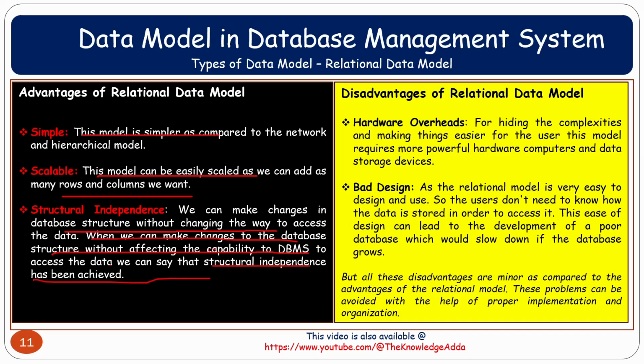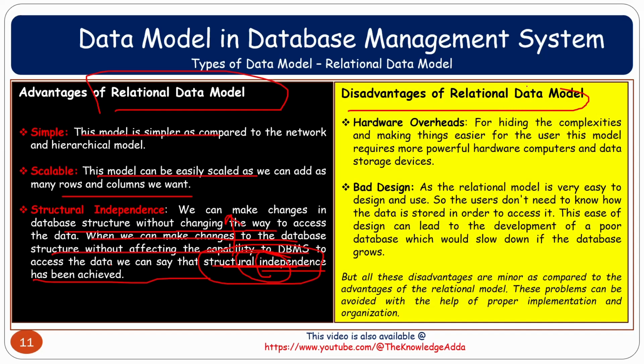In the next slide we will also discuss data abstraction and data independence, where we will discuss the meaning of data independence. Data independence means we can change any layer without affecting the other layer. So this is possible in the relational data model.